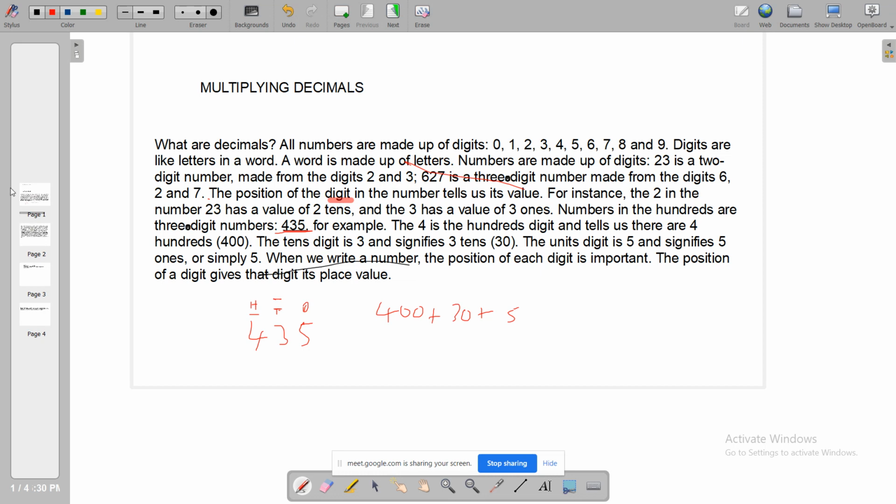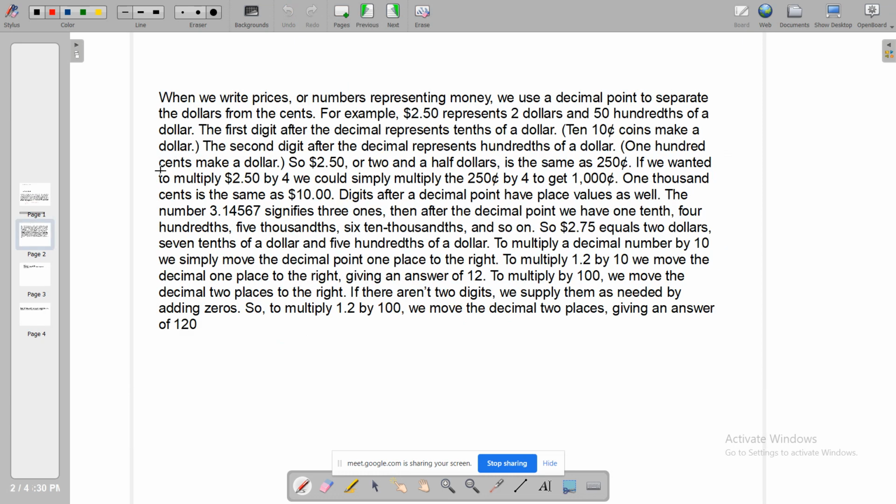Now let's move further. Place value also comes into play in terms of money. When we write prices or numbers representing money, we use a decimal point to separate the dollars from the cents. It can be pounds, cedi or peso, it is all the same.